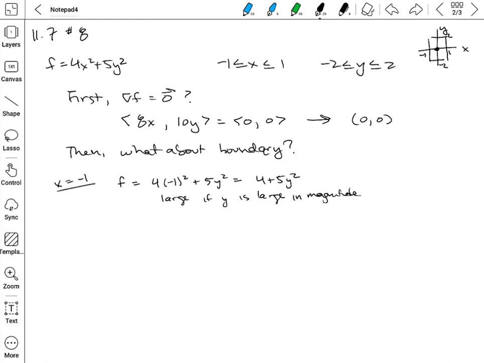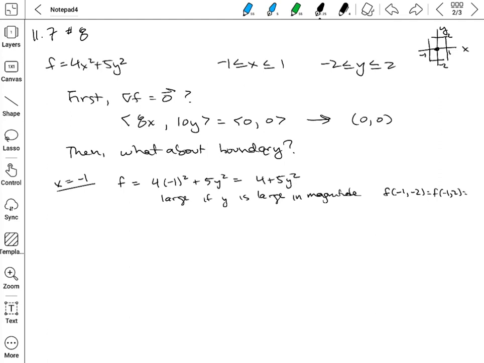So y can be between -2 and 2. So if I do -2 or 2, I'm going to get the same y squared value, 4.